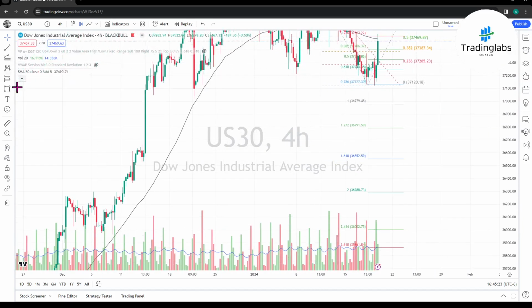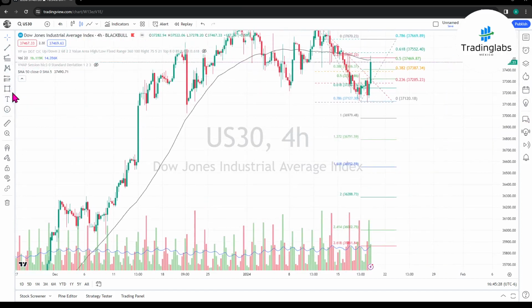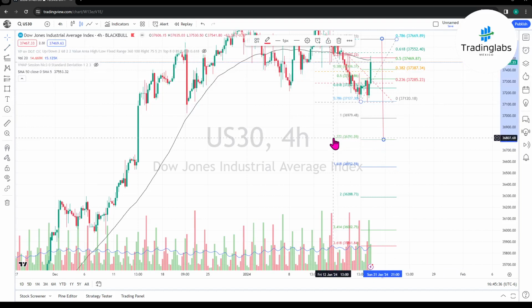Here, look at this. Maybe from here it goes down until here, 127%, filling this gap. What a coincidence.